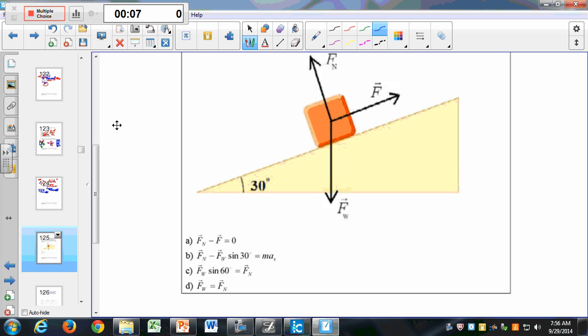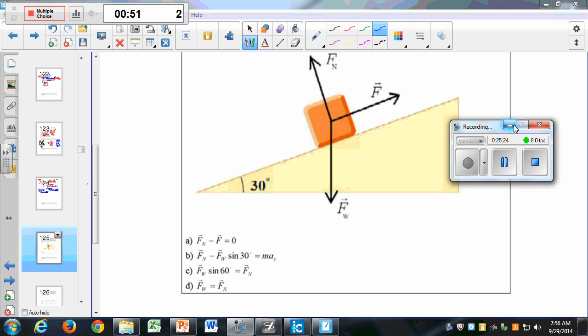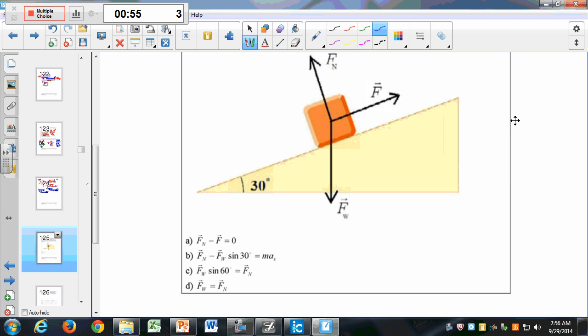Which of these is correct? When you apply Newton's second law, you get a series of equations. Which of these are correct?